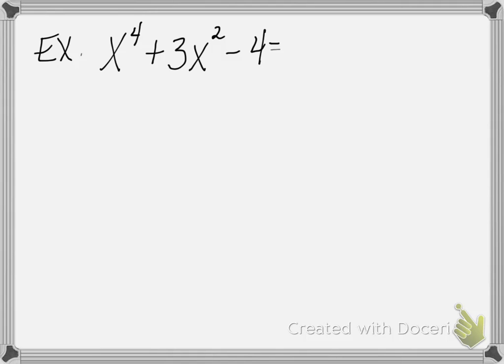Let's do another example kind of like this. X to the fourth plus 3x squared minus 4 equals 0. So again, it follows that pattern of 4, 2, constant. So we can start by setting it up with x squared.